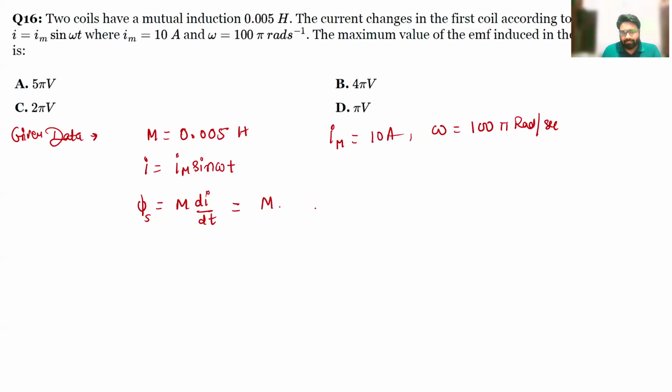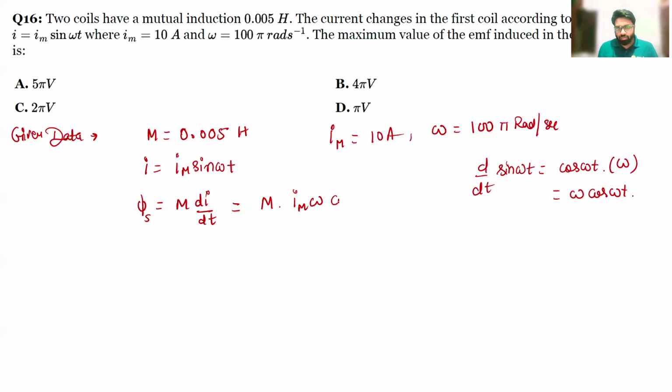M di by dt becomes: Im is constant, sine omega t will become cos omega t, and then further omega t also has to be differentiated. So this kind of differentiation is a chain differentiation. Sine omega t d by dt: sine omega t will become cos omega t, and then omega t will become omega, because differentiation of t with respect to t is 1. So it will become omega cos omega t.